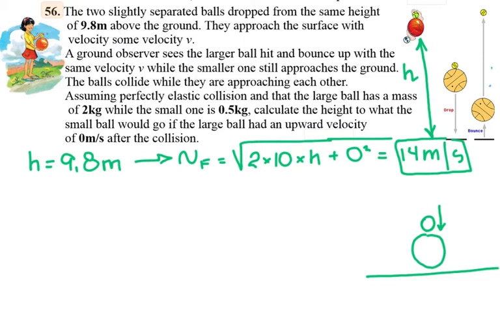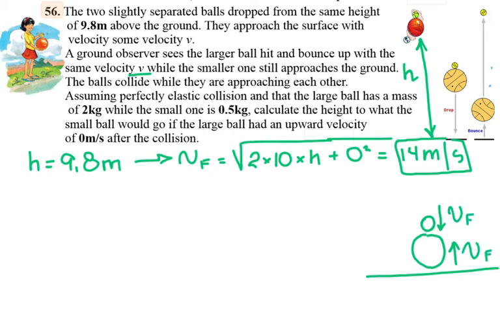And then they say the ground observer sees the larger ball bounce back at the same velocity as it reached the bottom. So that means this one is also coming up at the same final velocity.